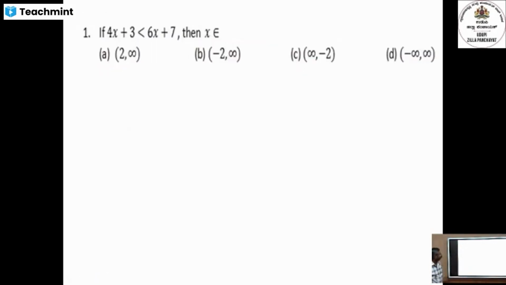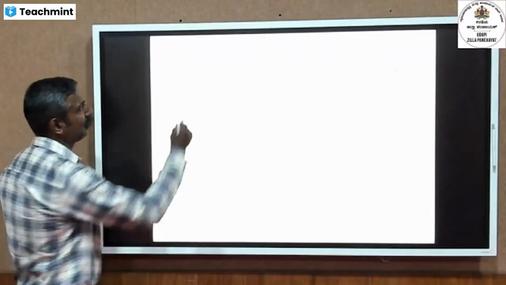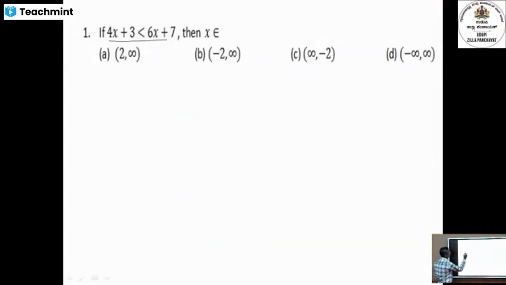So let's go to the first question. What it says: 4x plus 3 less than 6x plus 7, then x belongs to where? Let us group variables into one set, that means 4x and 6x together, and 3 and 7 on the other side.